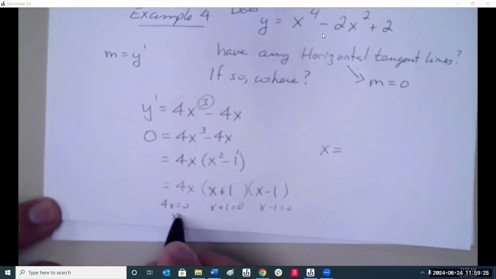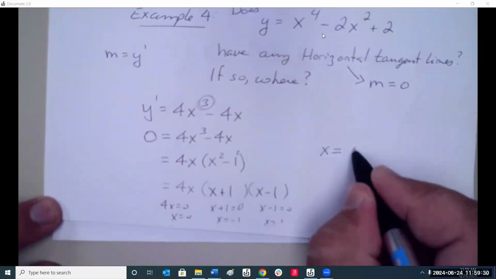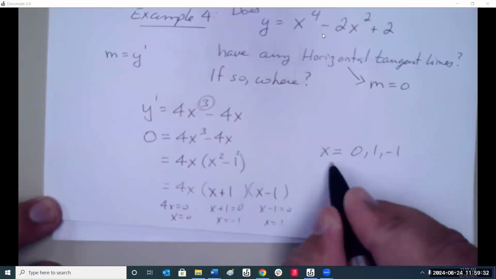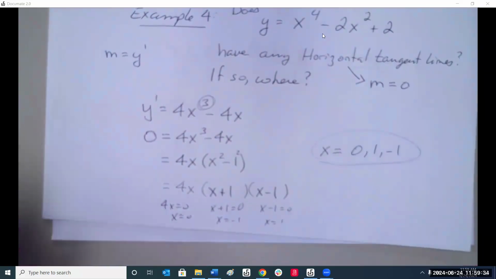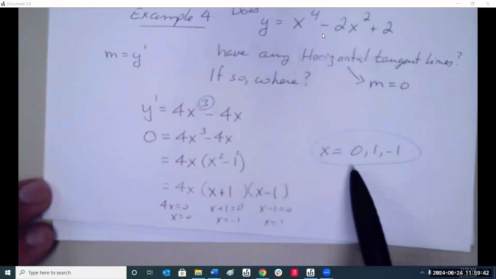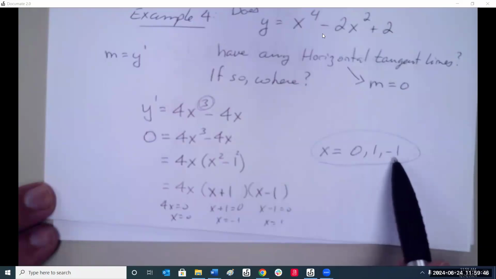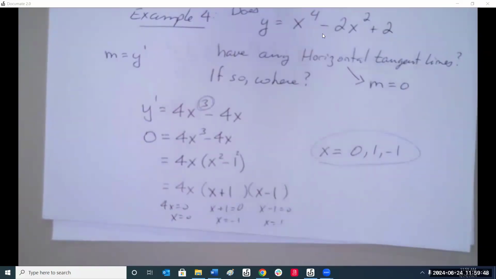So x is 0, x is -1, and x is 1. So the curve x to the fourth has horizontal tangent lines at x equals 0, x equals 1, and x equals -1.